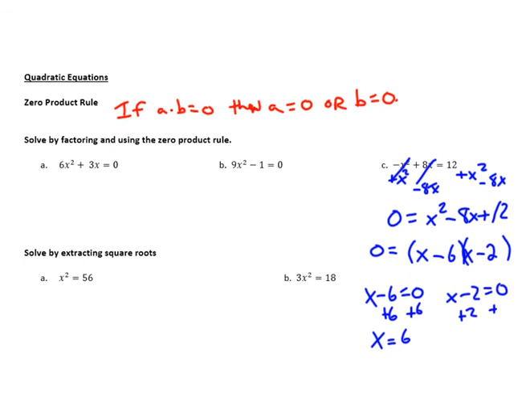Add 2 to both sides on this one. So I get x equals 6 and x equals 2. Check those in my original problem, and we're doing fine using the zero product property. We'll spend a little bit more time with factoring and solving these, but that is factoring with the zero product property in quadratic equations.